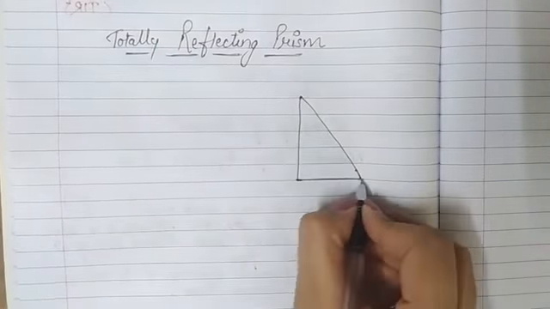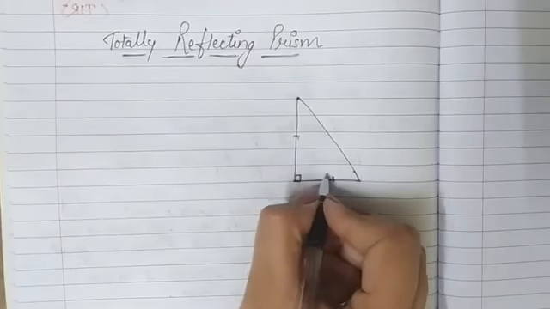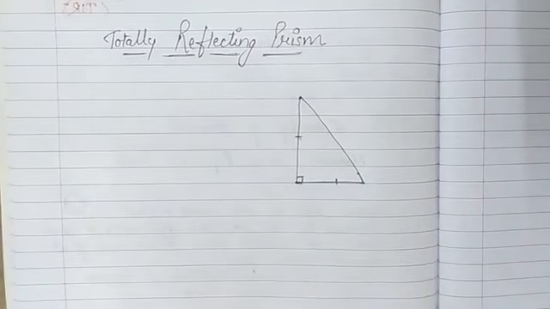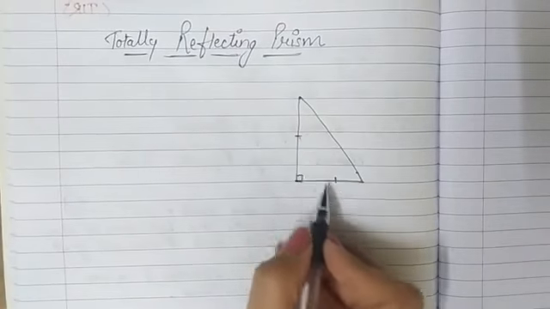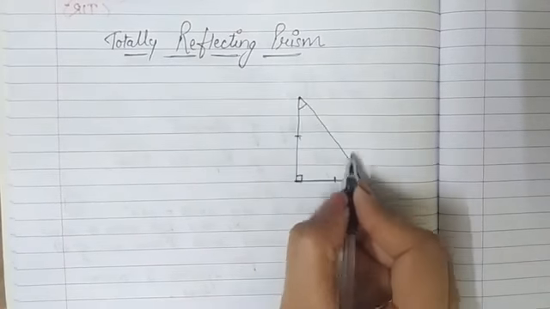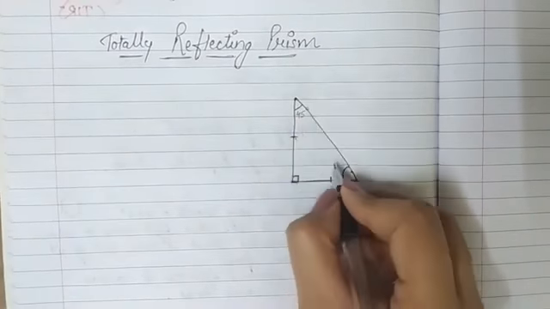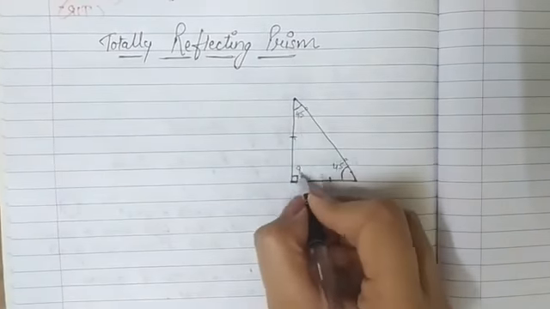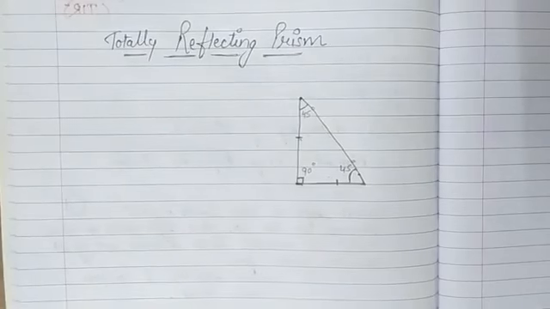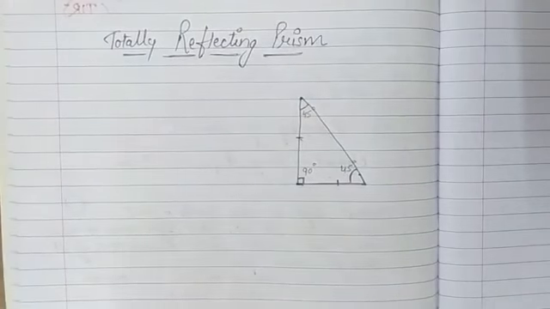These sides should be equal and this angle should be 90 degrees, then we call it a totally reflecting prism. Since these two sides are equal, these two opposite angles are also equal, and these are equal to 45 degrees each. So this is the description of the totally reflecting prism.